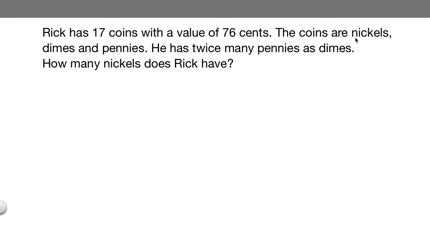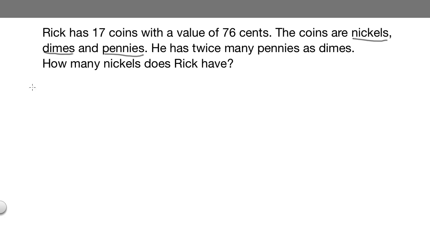So first, let's look at the coins we have: nickels, dimes, and pennies. Let's denote the number of coins in each category as some variable.